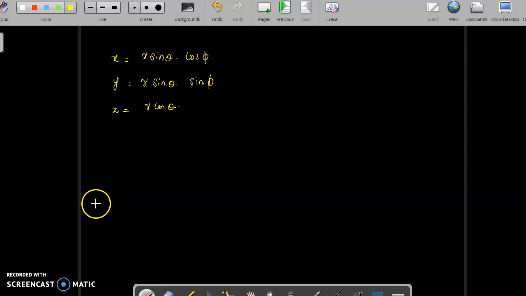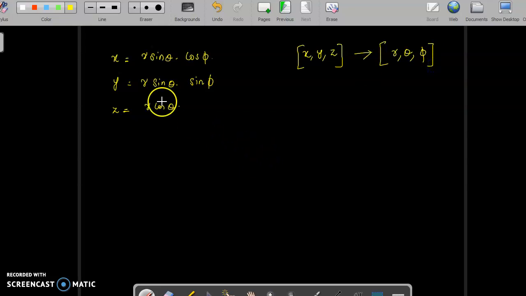Now let us see how to convert this Cartesian coordinate system x, y, z to the spherical coordinate system r, theta and phi. Let us take the square and add the x and y.